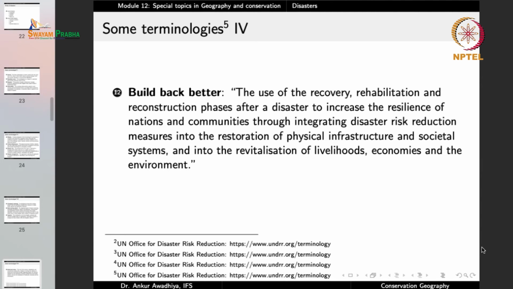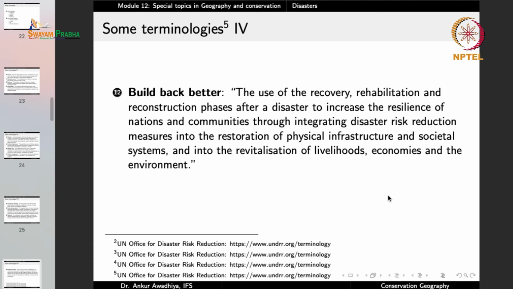And in the context of resilience, we talk about build back better. The use of recovery, rehabilitation and reconstruction phases after a disaster to increase the resilience of nations and communities through integrating disaster risk reduction measures into the restoration of physical infrastructure and societal systems and into the revitalization of livelihoods, economies and environment.